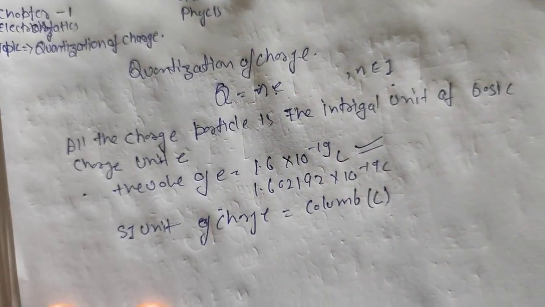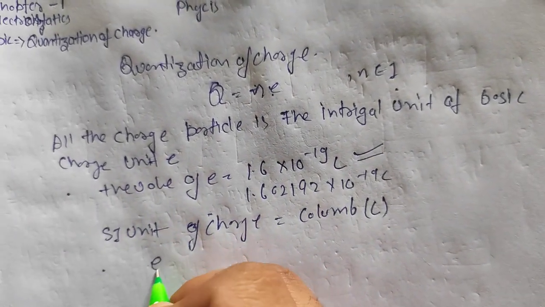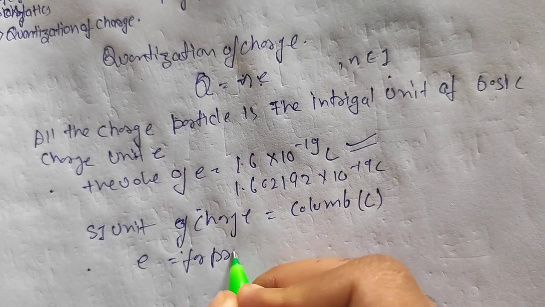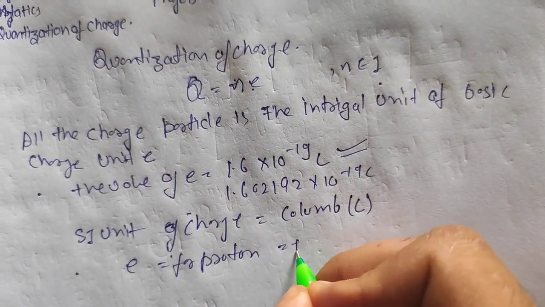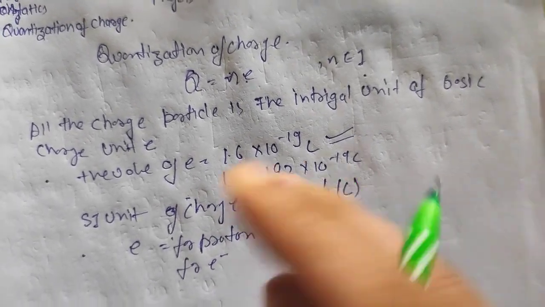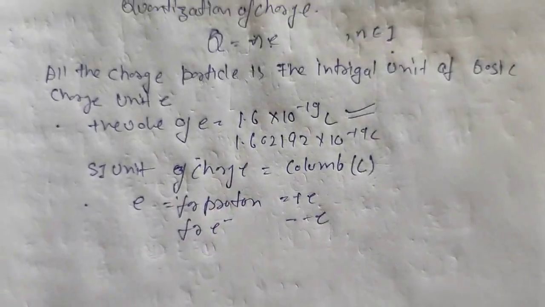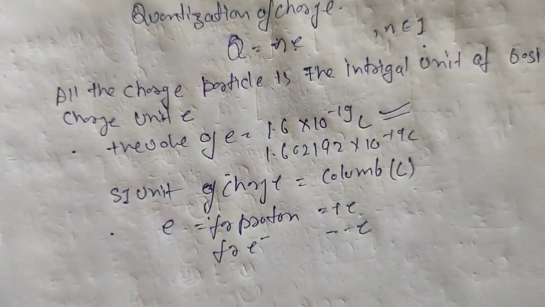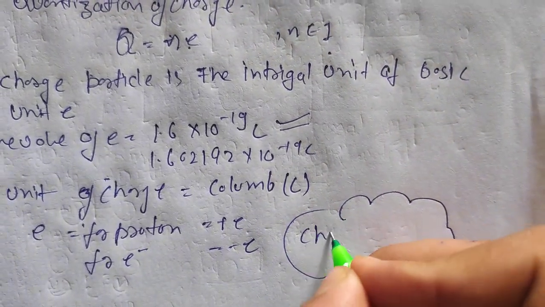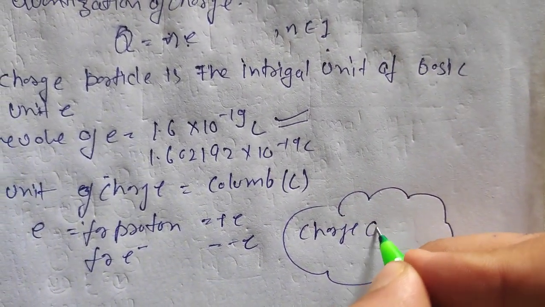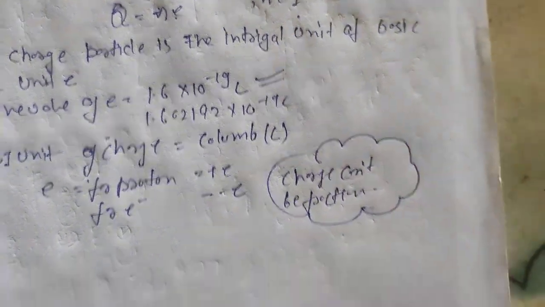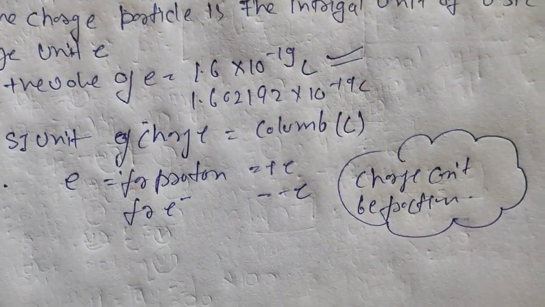Some interesting facts: e is the basic unit. For a proton it is positive e, and for an electron it is negative e, because by default the electron is negative. And the fact is that charge can't be a fraction.